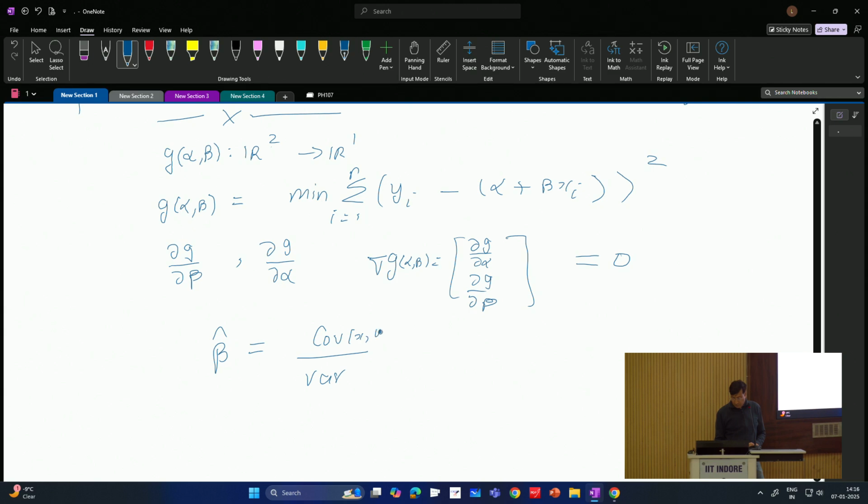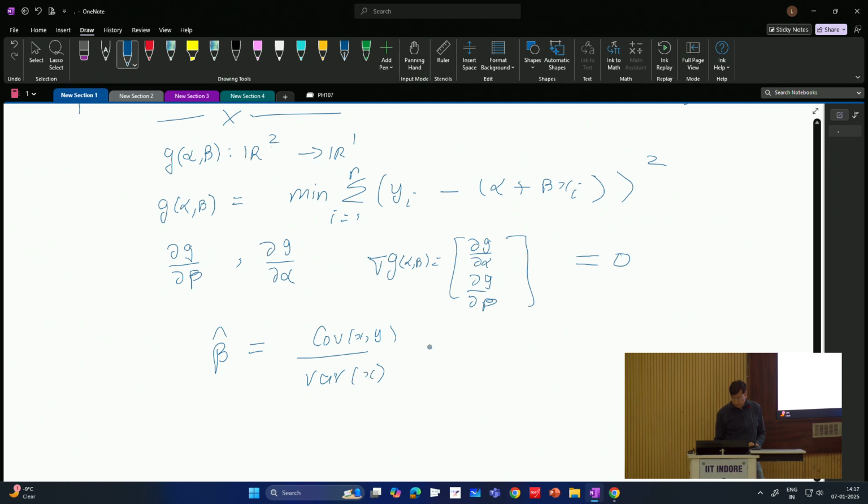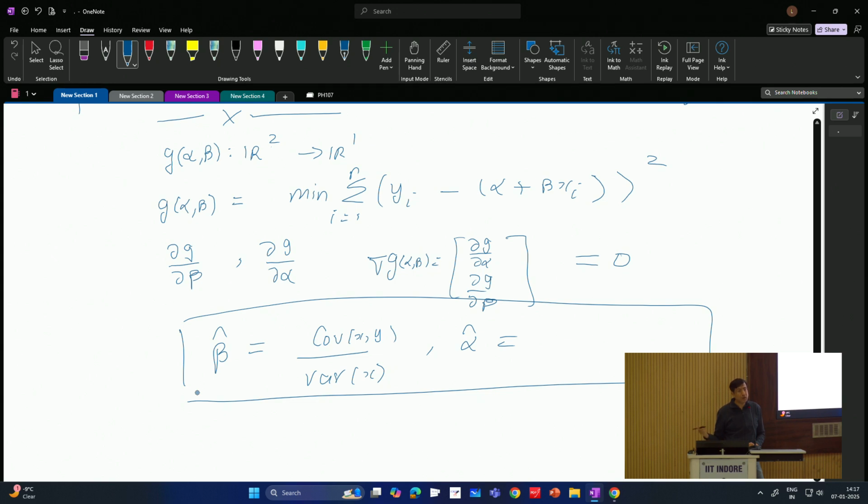You would derive this yourself; go through it, then look at the algebra worked out in the homework, and you should be able to get it. Alpha hat is y bar minus beta hat x bar. These bars are the mean values, which you would derive and understand.